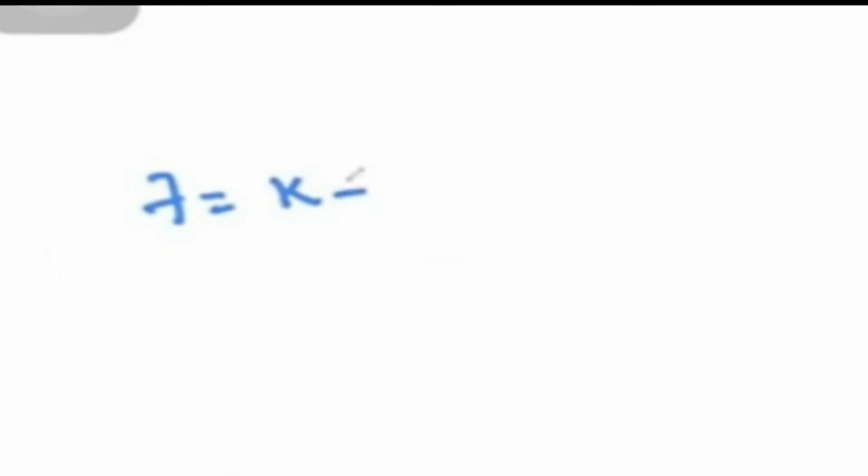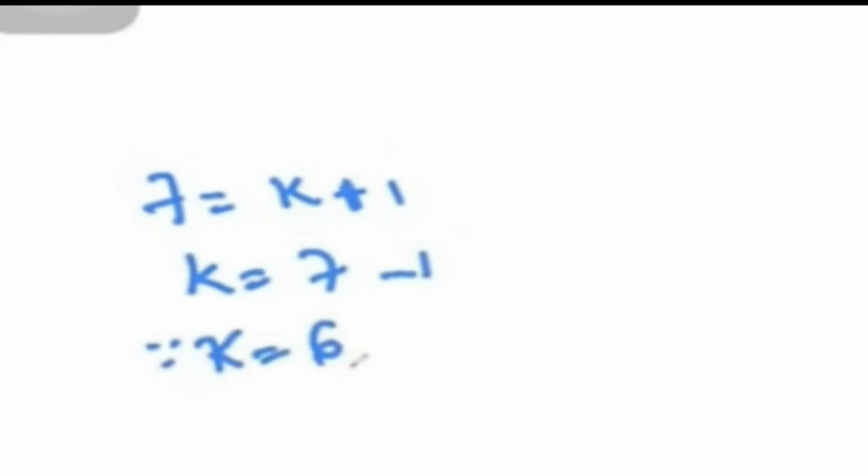So this will give us 7 is equal to K plus 1. We group like terms, so K is equal to 7 minus 1. Therefore, K is giving us what? 6.